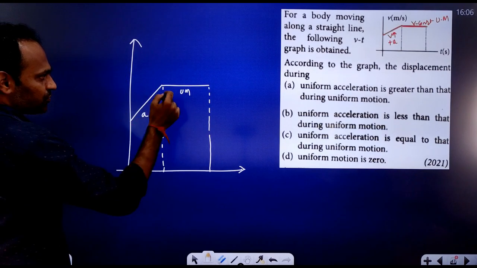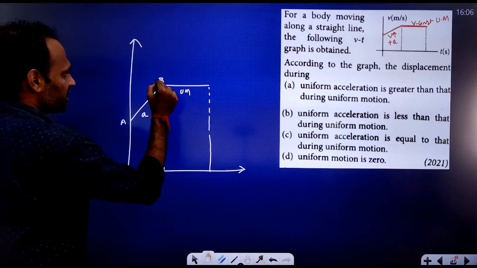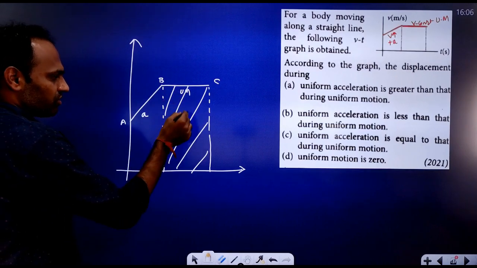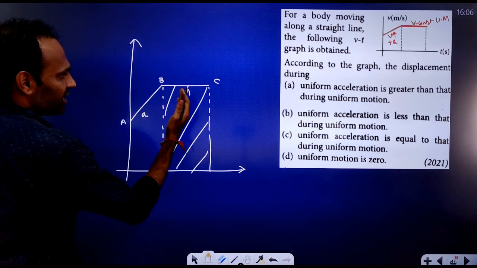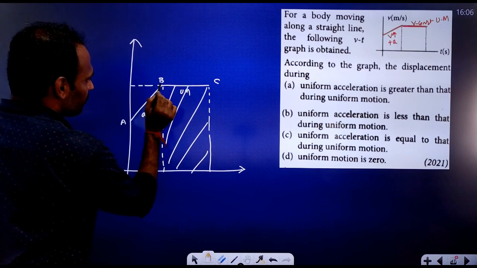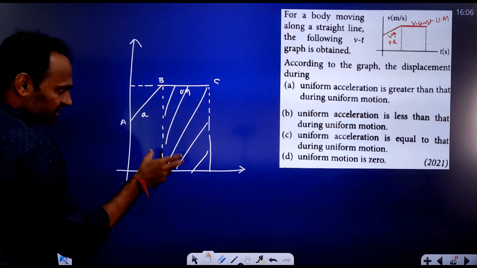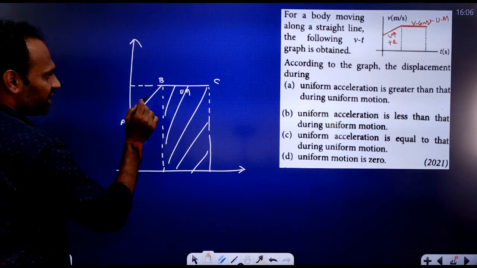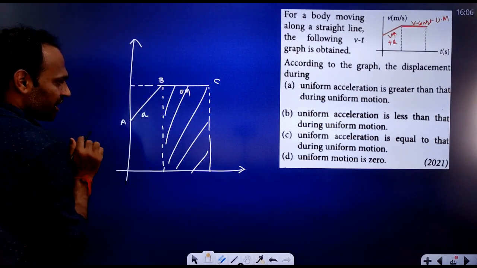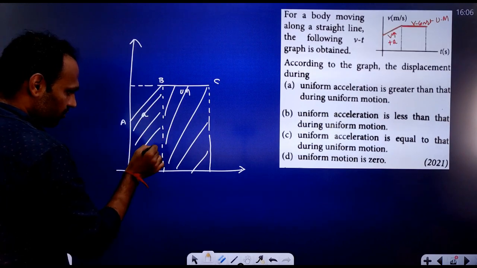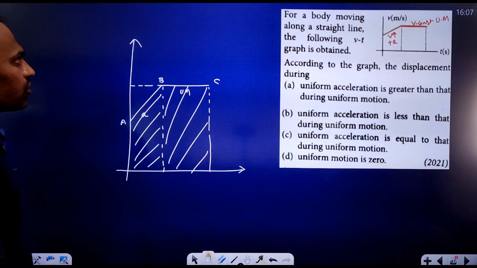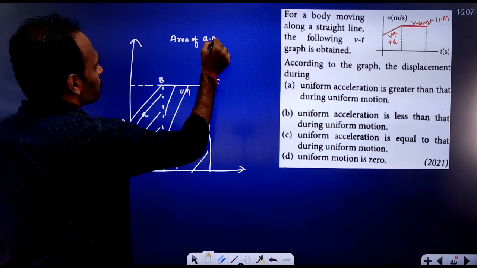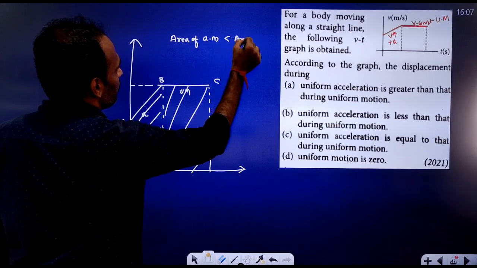So for displacement, if you take points A, B, C, the area of BC is the displacement in uniform motion. Compared to this, the area would be the same if this line was like this, but here the area is reduced. So this is the area of accelerated motion. Area of accelerated motion is less than area of uniform motion.